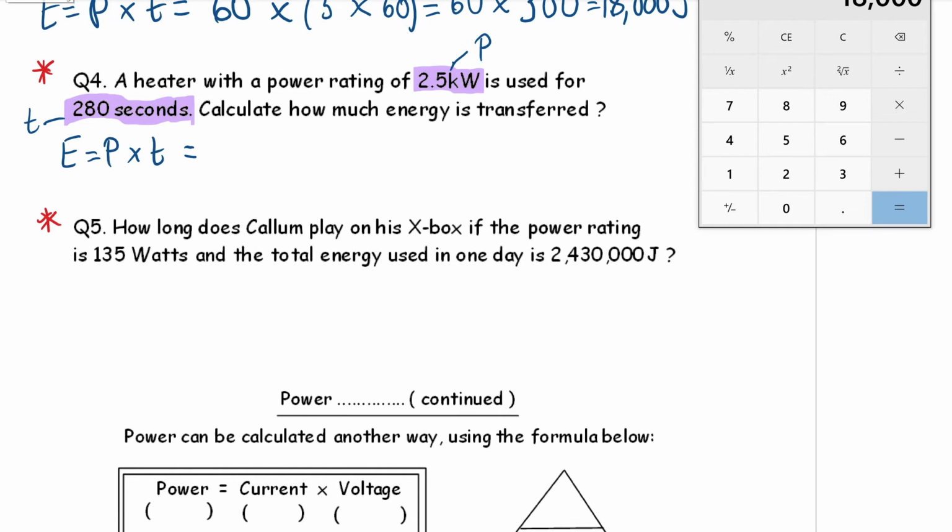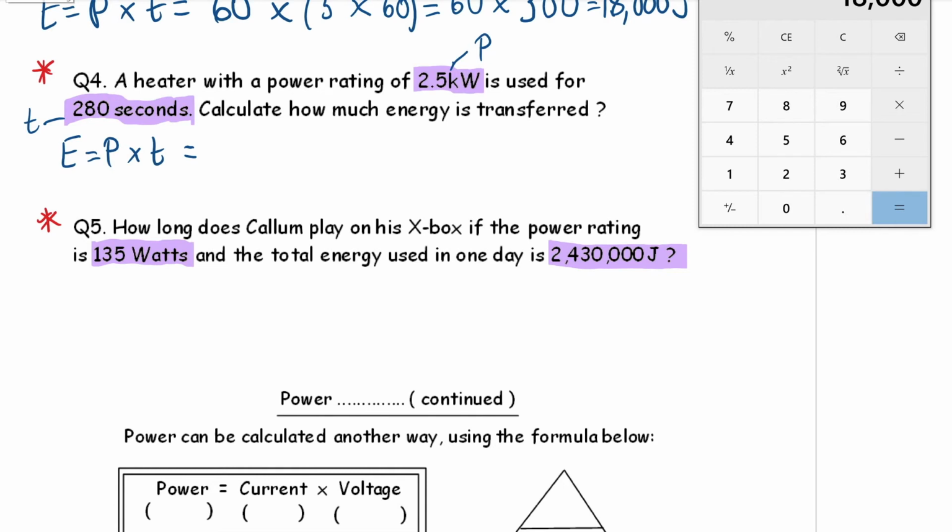Question 5. How long does Callum play on his Xbox for? Right now then, what we've got to do this time is rearrange. What do we know? We know the Xbox has got a power rating of 135 watts and the total energy is that.